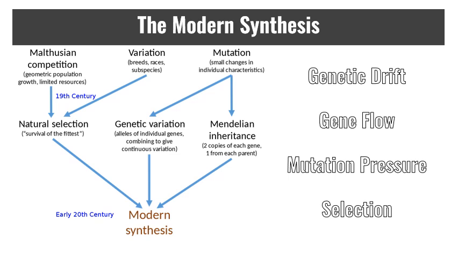It's particularly powerful in small populations, as we'll look at in a moment. Gene flow looks at the allele frequency changes due to immigration and emigration, and mutation is the weakest evolutionary force, but still critical because all genetic variation originally arises from mutation.